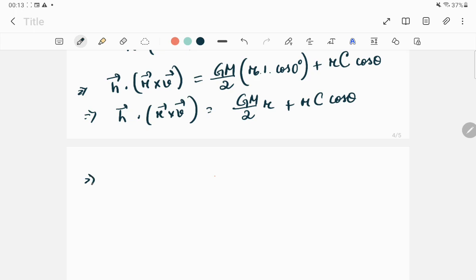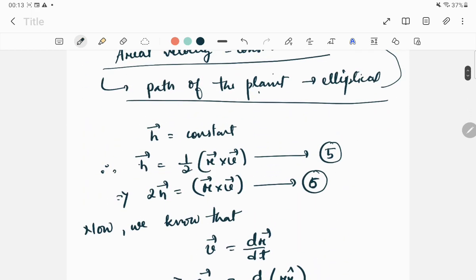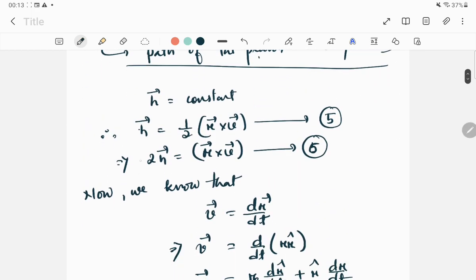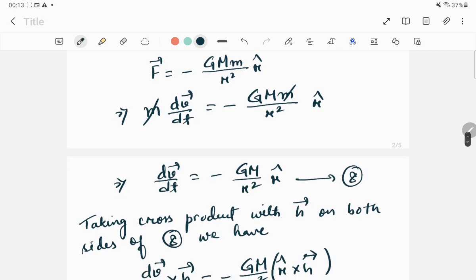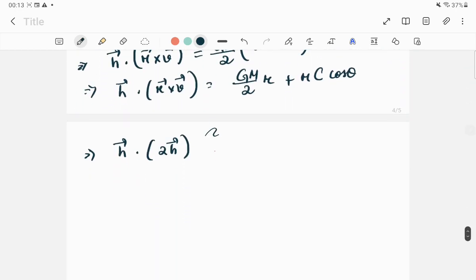Again, if you remember, r cross v is nothing but 2h vector. If we can go back, let us see where it is. Yes, see, r cross v is equal to 2h vector. So this is from equation number 6. It is always advised to write down the equation from where you have made the modification. So it is GM by 2r and rc cos theta.